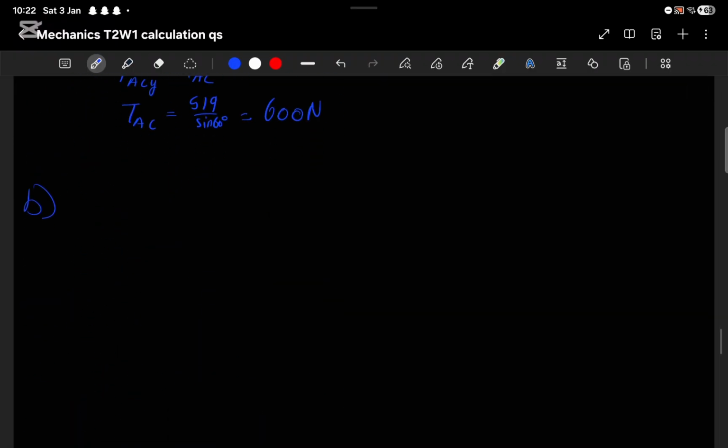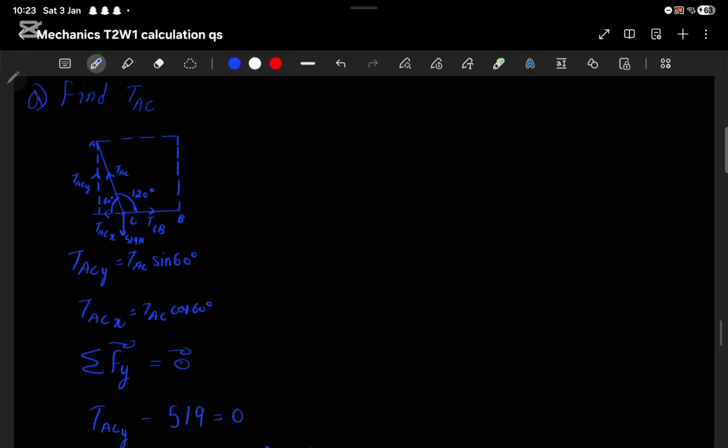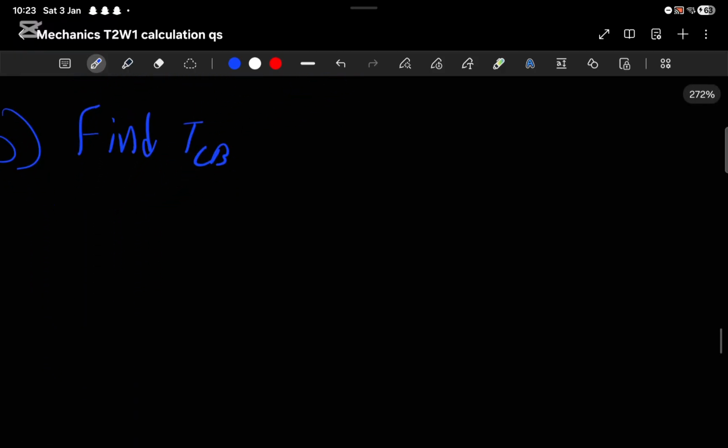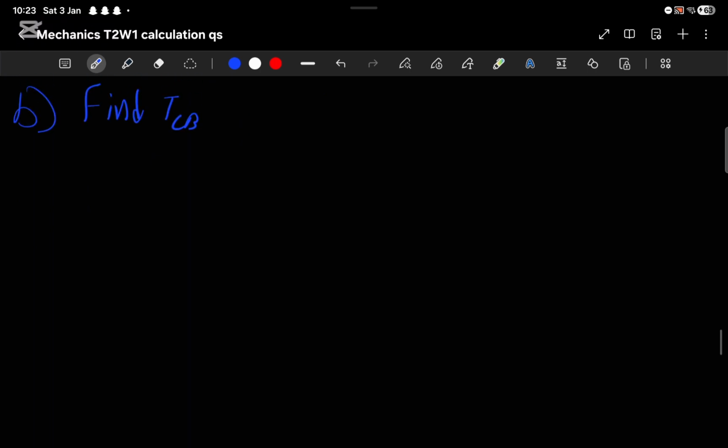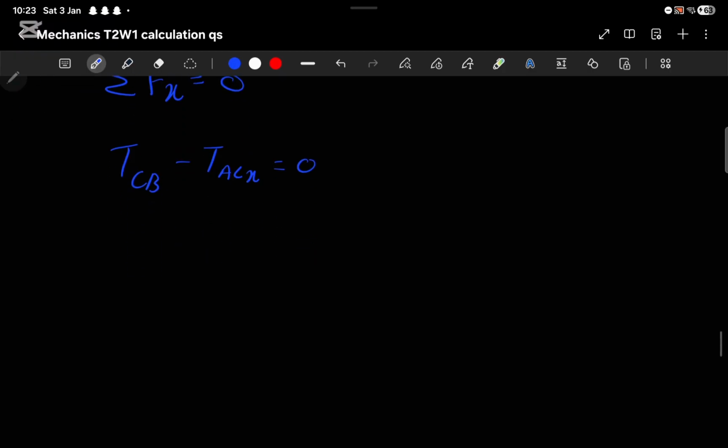For part B, they want us to find TCB. To find TCB, we can use sigma Fx equals 0, because TCB is only directed along x. So you can say TCB minus TACx is equal to 0, so TCB is equal to TACx.